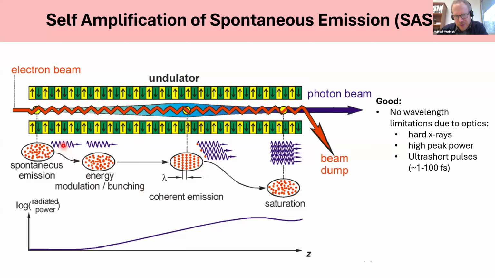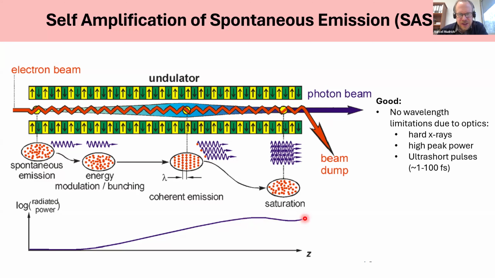Once this runaway amplification process happens, the radiation, which initially starts out from spontaneous emission, basically stochastic emission of photons in a completely incoherent way in the beginning, is amplified in this avalanche-like process, and the radiated power increases across the undulator by 4 to 5 orders of magnitude in the best case before reaching saturation.